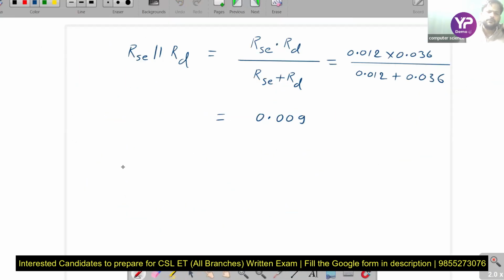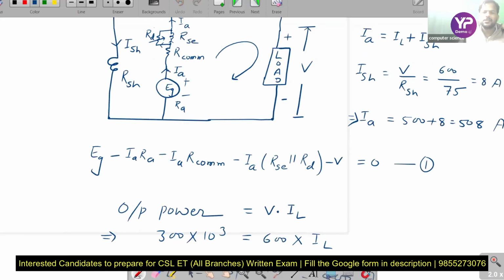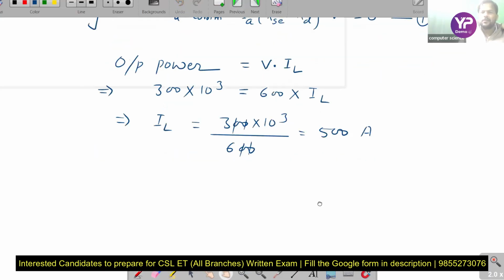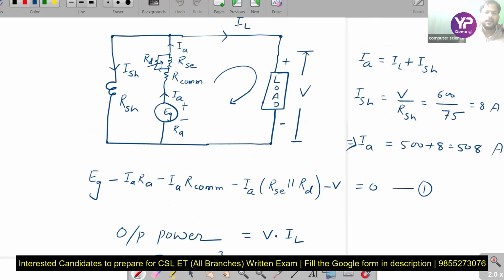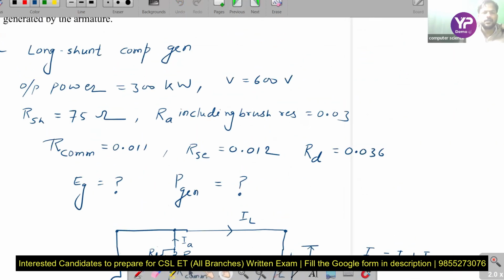Now all these values are put in equation 1. From equation 1, EG minus IA RA, where IA is 508 and RA is the armature resistance including brush, which is 0.03.